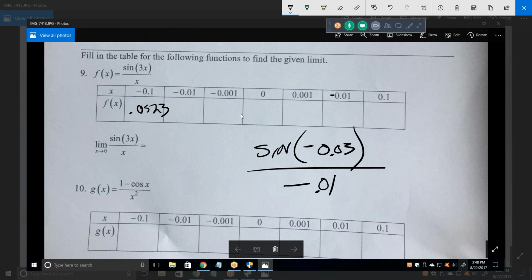I got 2.99955. All right. And what'd you get for the first one again? 2.9552. What'd you get for the second one? 2.99955. Do the third one.